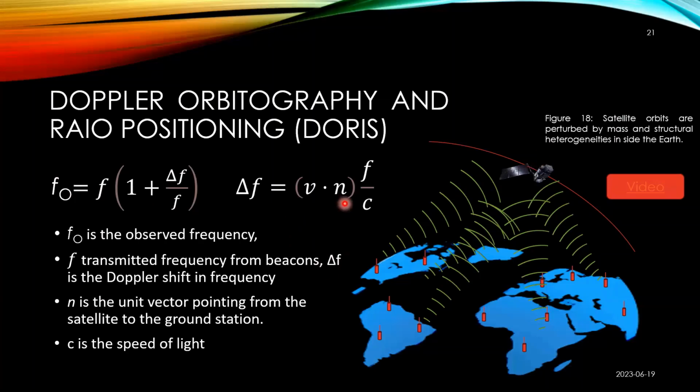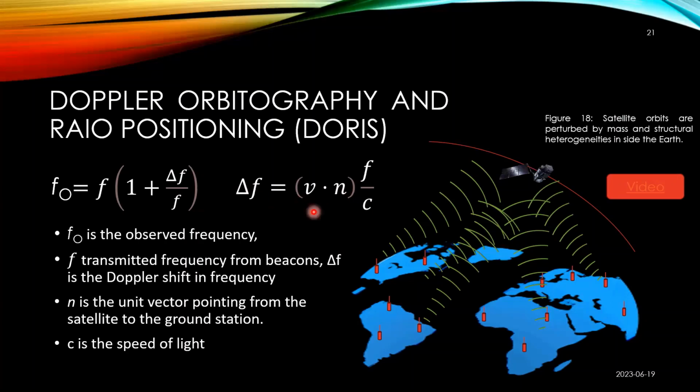Here you see that we have velocity, and it is the inner product of the velocity and the unit vector from the beacon to the satellite. The coordinates of the satellite are here, so these are related to the coordinates. So if we measure these Doppler shifts, and also we have the coordinates of the beacons, we can determine the coordinates.